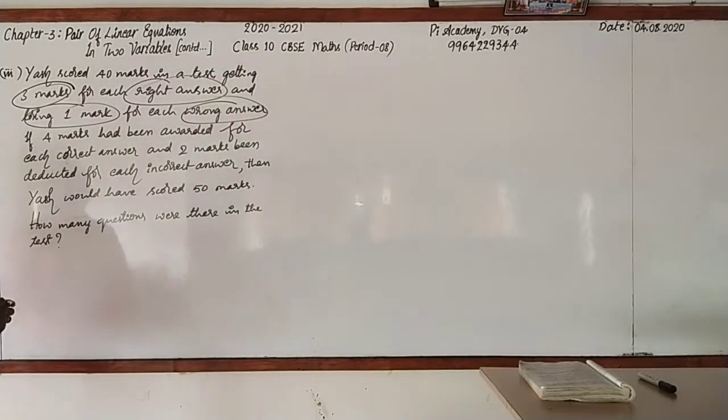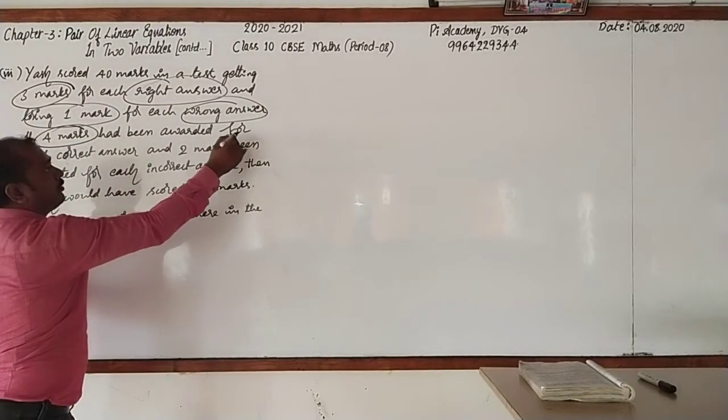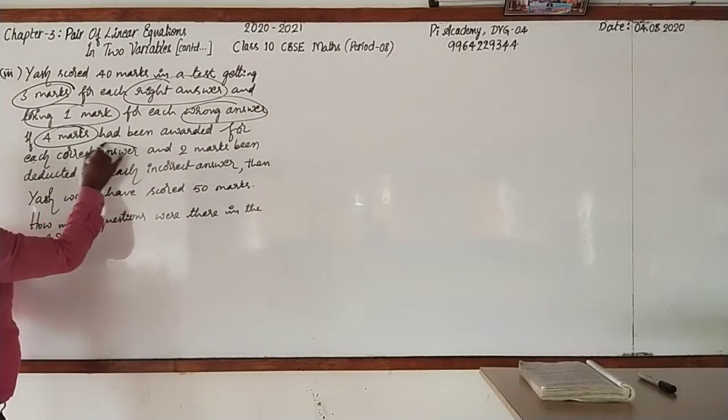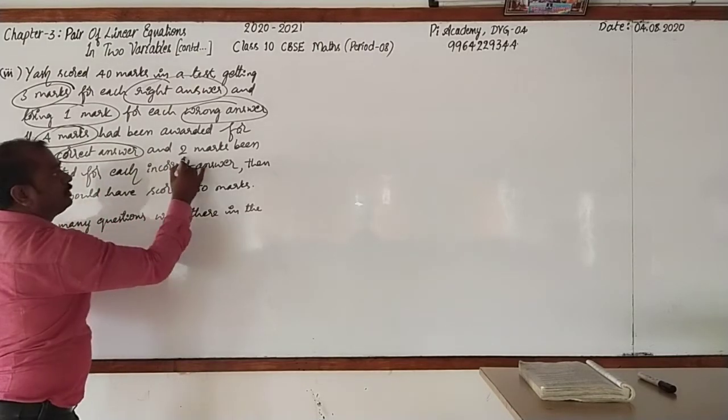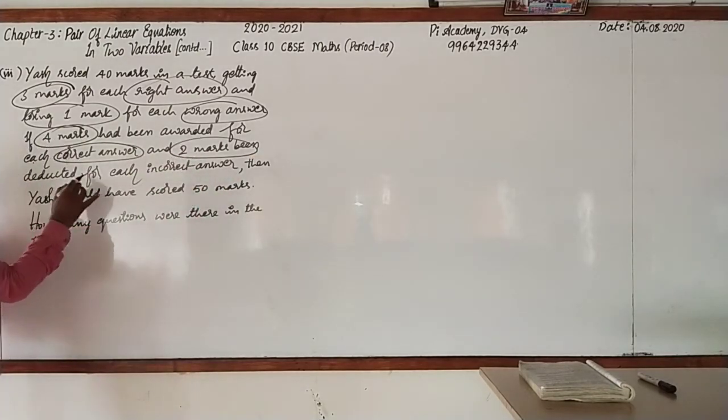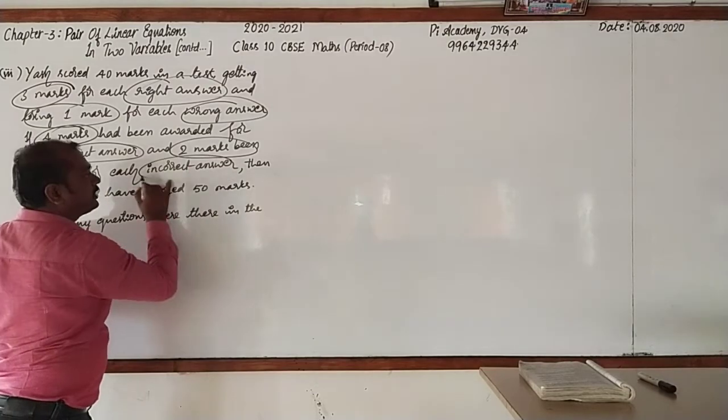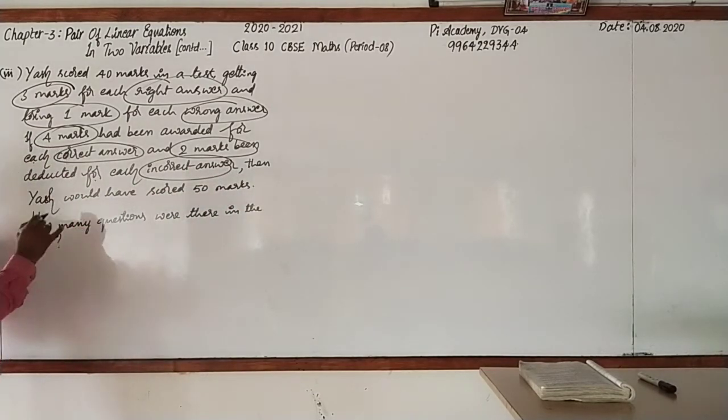This is one situation. If 4 marks had been awarded for each correct answer and 2 marks had been deducted for each incorrect answer, then Yash would have scored 50 marks. How many questions were there in the test?